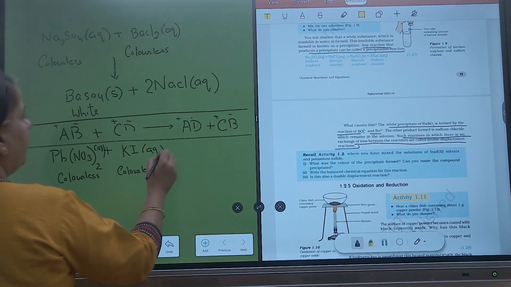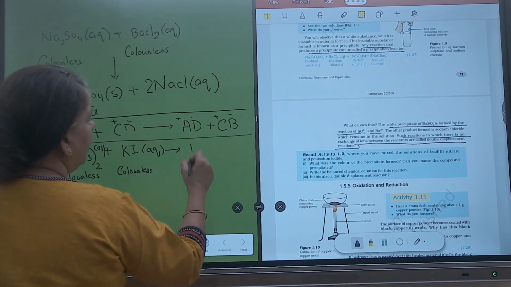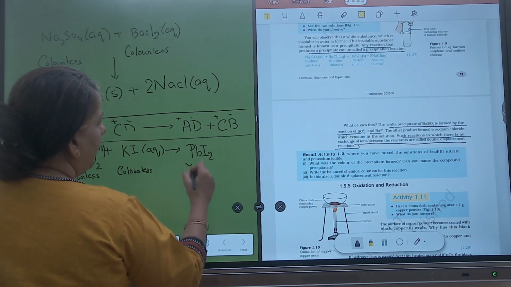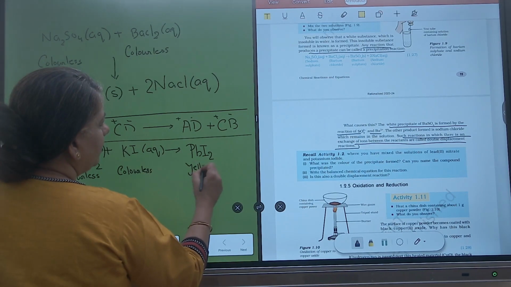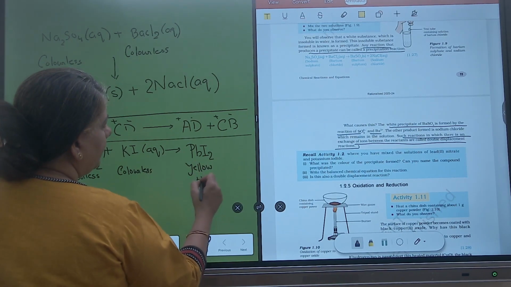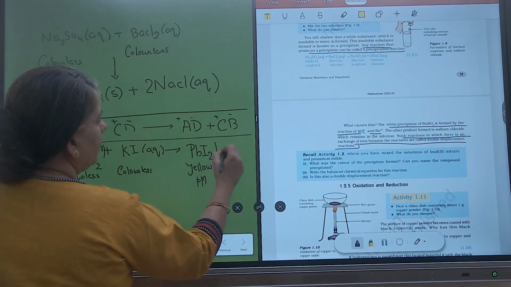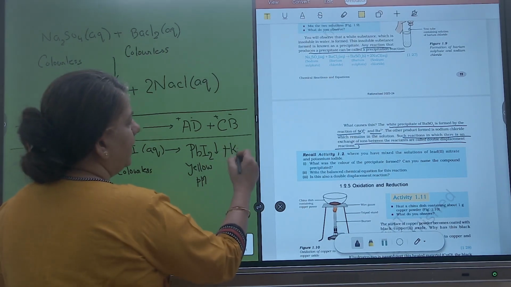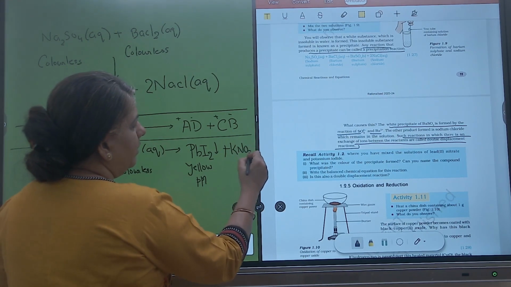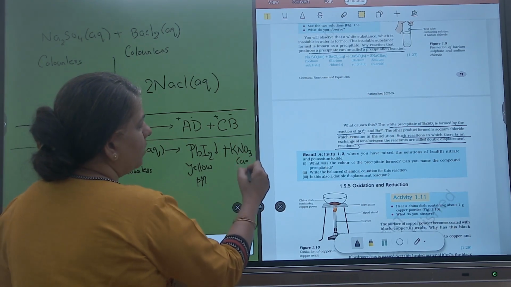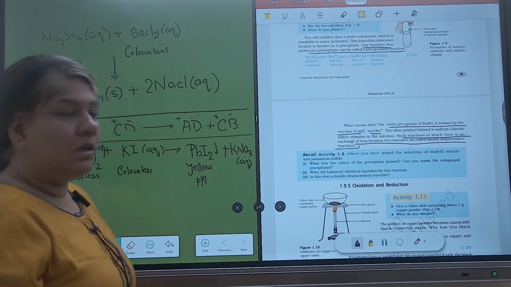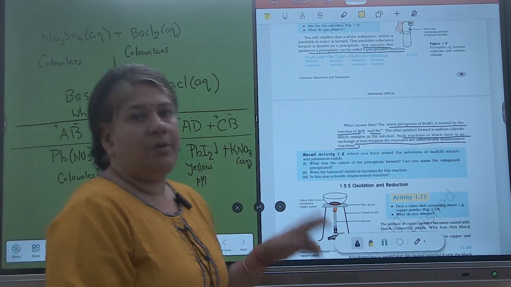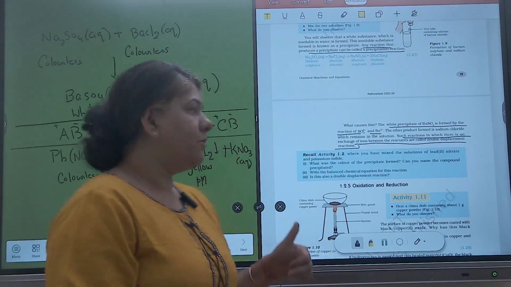The moment we mix them, we got a yellow precipitate of lead iodide, PbI2. And we get potassium nitrate, KNO3. This is again in aqueous form because all potassium salts are soluble in water. So this is also an example of precipitation reaction and double displacement reaction.